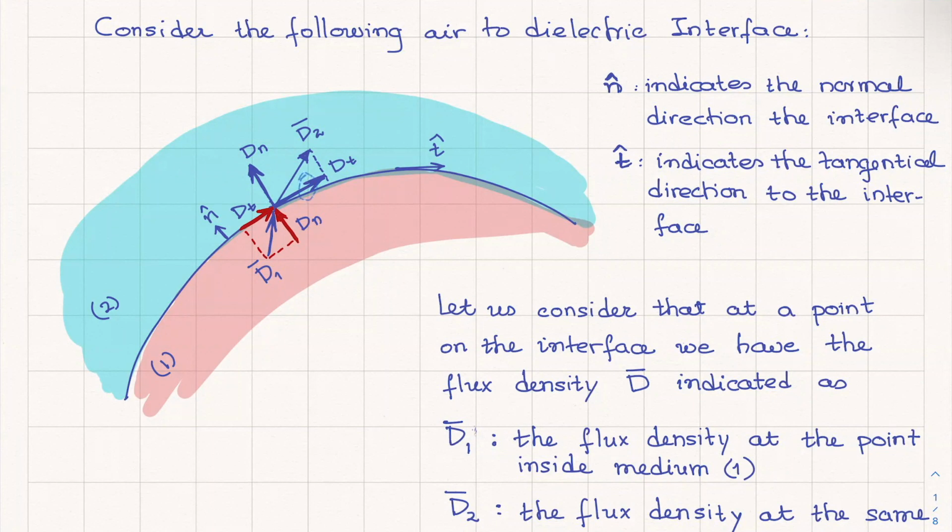And we do the same thing for D at that point on the interface. This is the point on the interface. Now, we did it for D2, which is just above the interface at that point. We split it into components, and now we split D1, which is also at a point on the interface, but just below it. So it is in medium 1. So blue is medium 2, pink is medium 1.